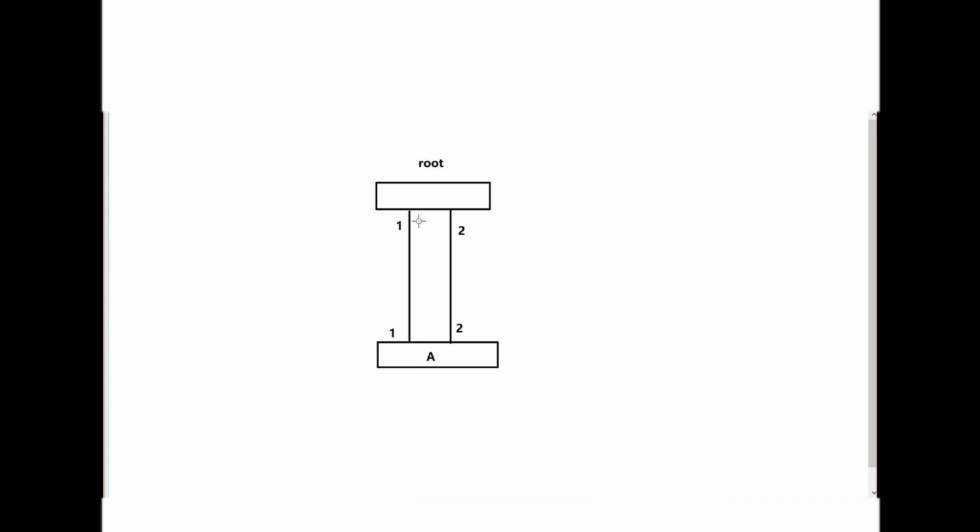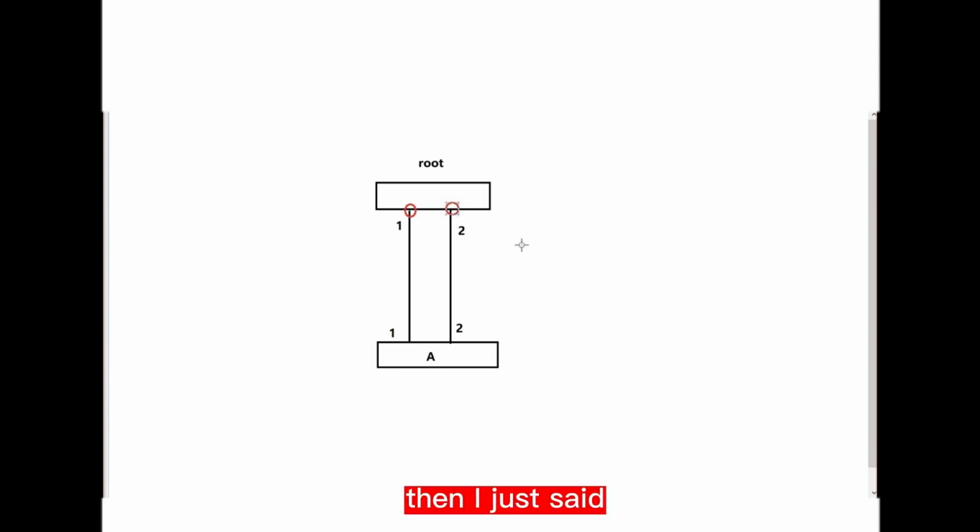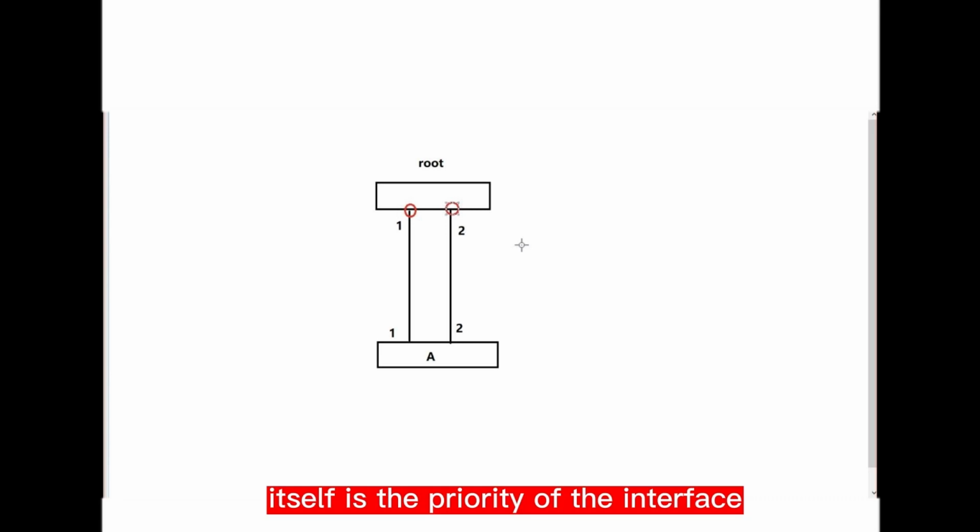For example, the two interfaces of the device are different. I just said the port priority is the priority of the interface. Of course it is also equal by default. But the port numbers are inconsistent. So I will now do a third comparison.